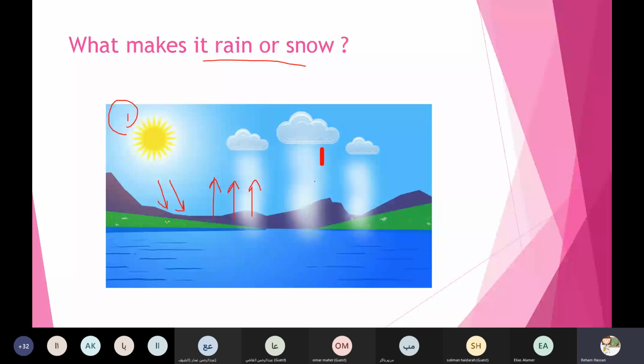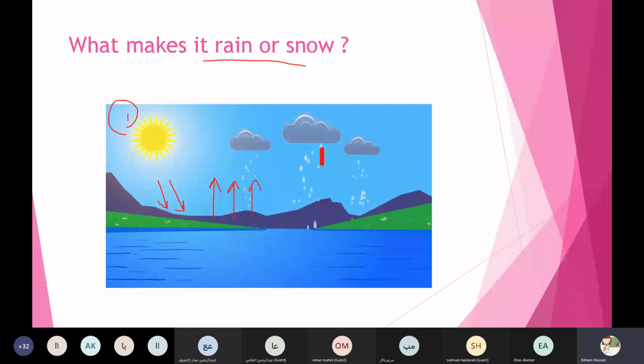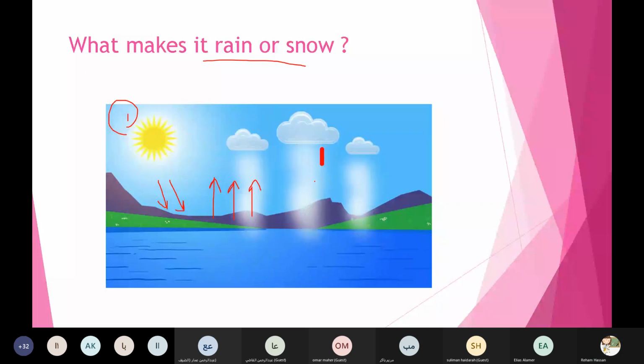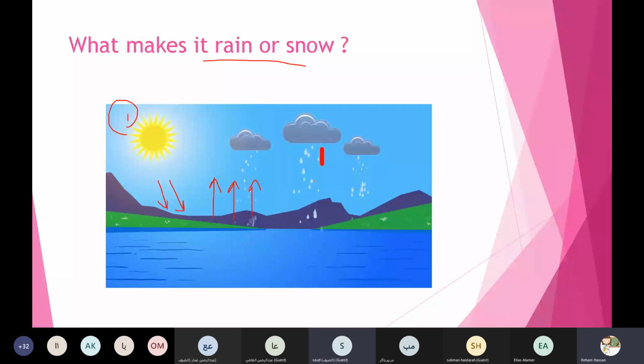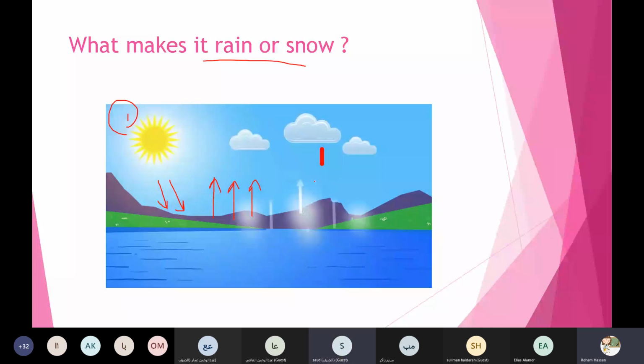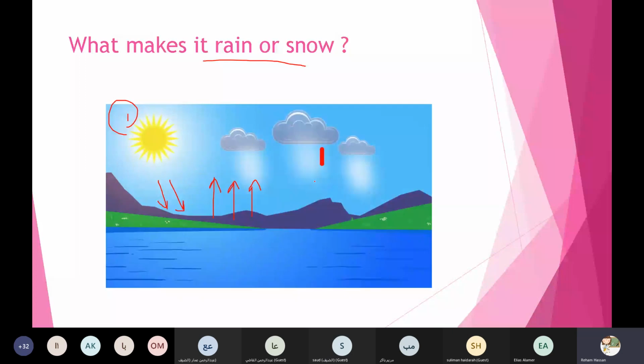So today, Saud, our lesson is about the water cycle. It's called water cycle because when it is finished, it starts again from the beginning, okay?